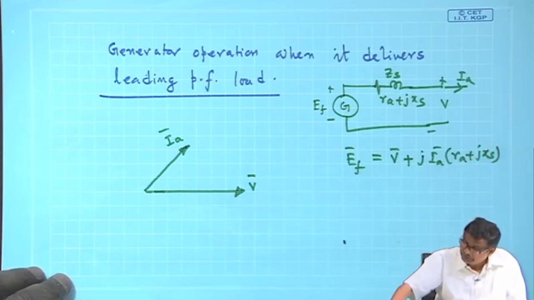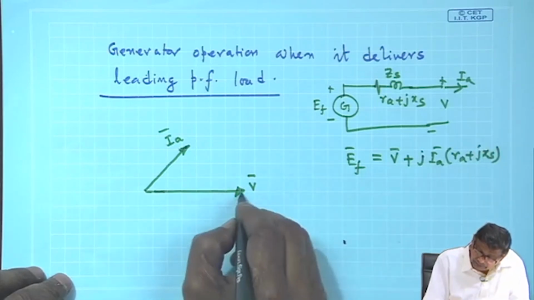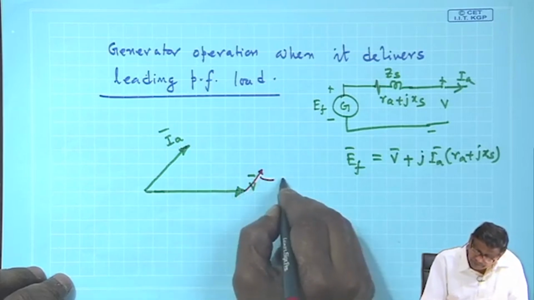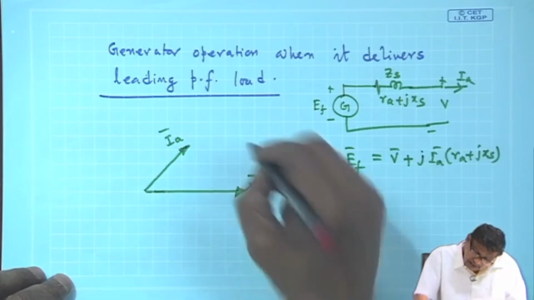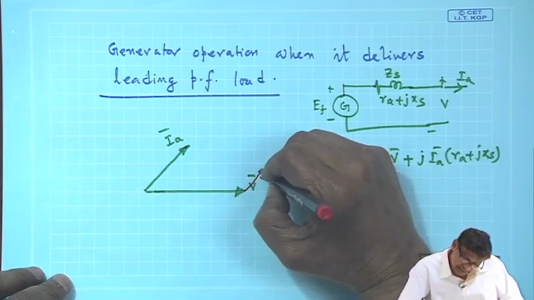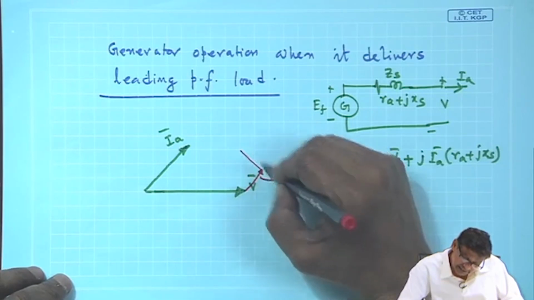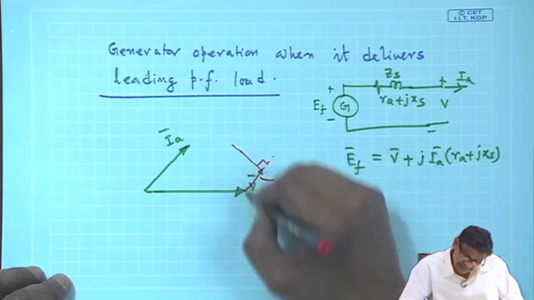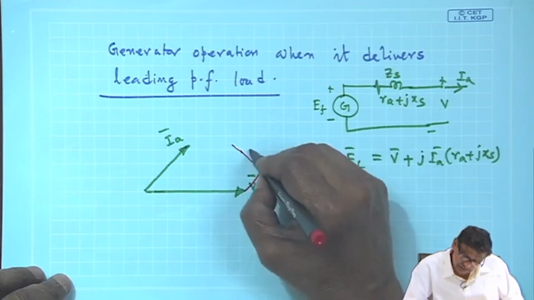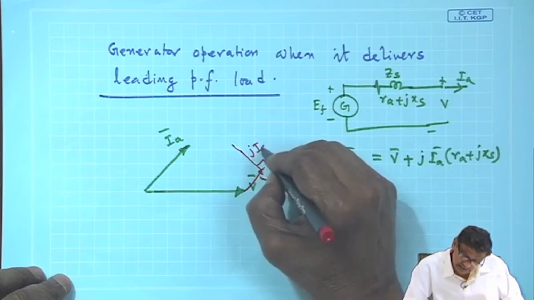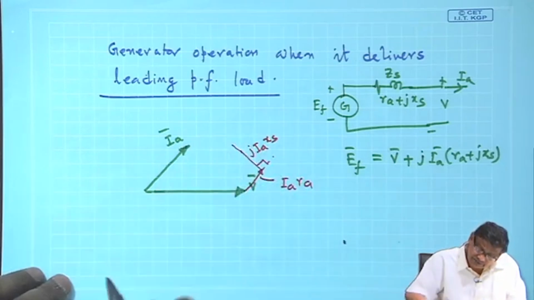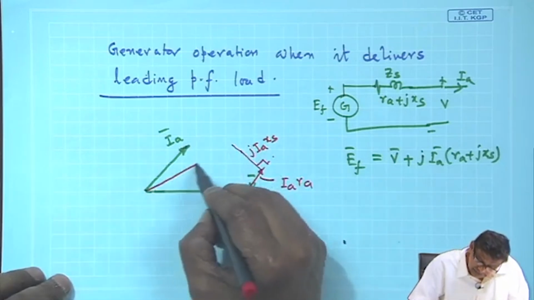So, this is what I will do. V plus IARA I will add, this is small, and then to this I must add jIAXS such that this angle is 90 degree and this length is much higher than this one. So, jIAXS, I am not breaking up into XL and XAR, and then you will get EF.